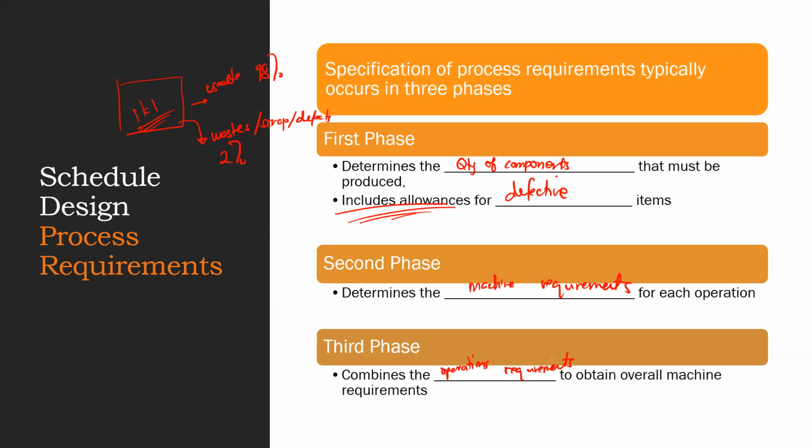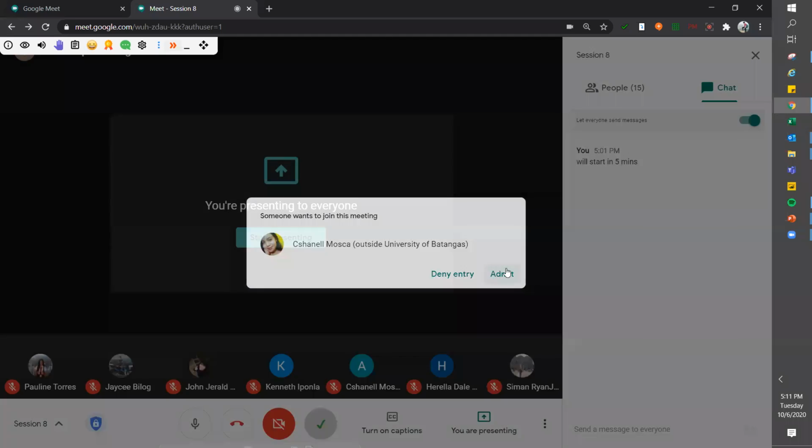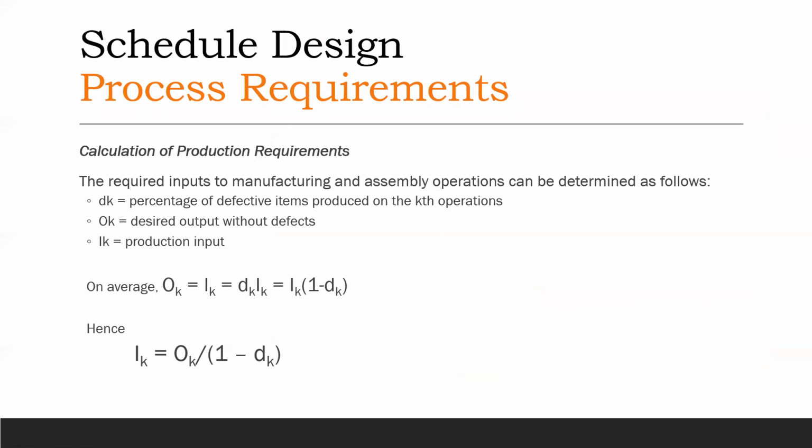Paano ba natin may utilize yung mga machines na meron tayo, yung ating operations, paano natin mai-combine yung mga operations na yun para ma-utilize natin ng maayos yung mga machineries. Saan natin ilalagay yung mga machineries. Okay? Okay.